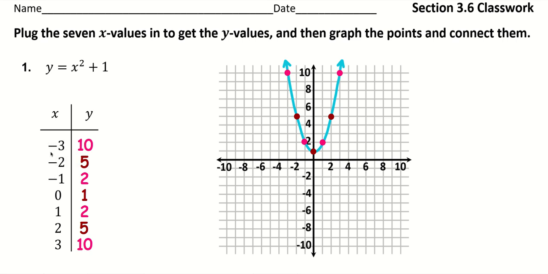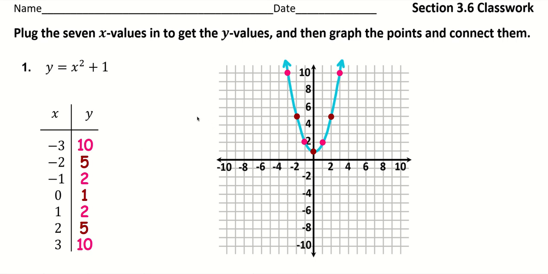This table doesn't even come close to containing all the solutions, because how many total solutions can there be for this equation? Technically, there's an infinite number of solutions. These are some very typical x values that you often see in a table, but I can plug in whatever x I want.